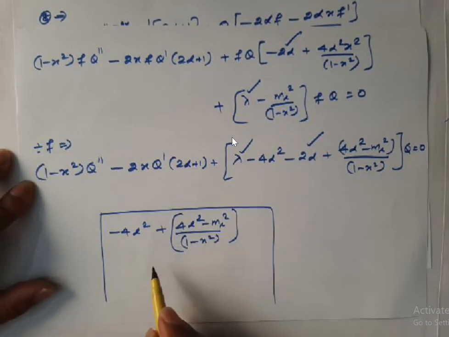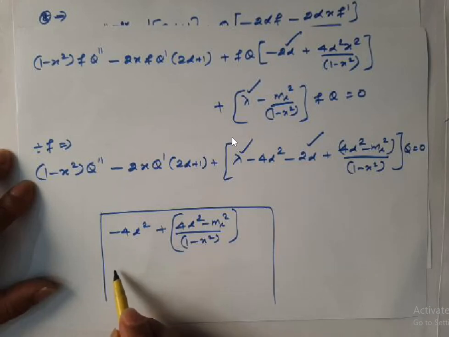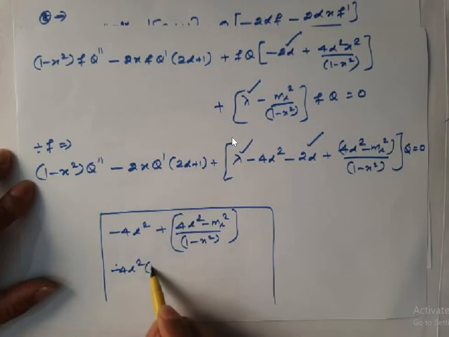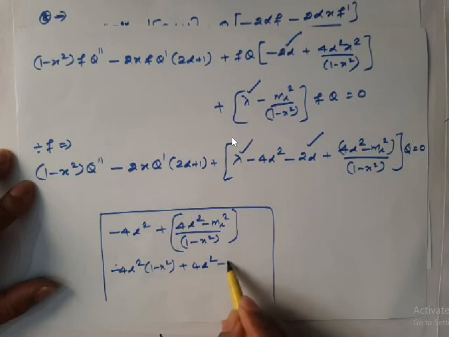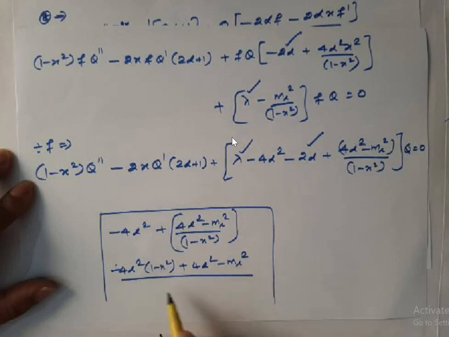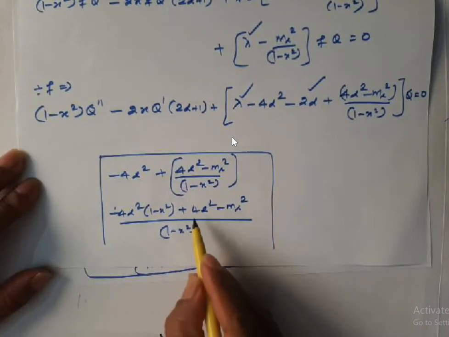Take LCM. If you take LCM, you'll get minus 4 alpha square into 1 minus x square plus 4 alpha square minus ml square, whole divided by 1 minus x square.